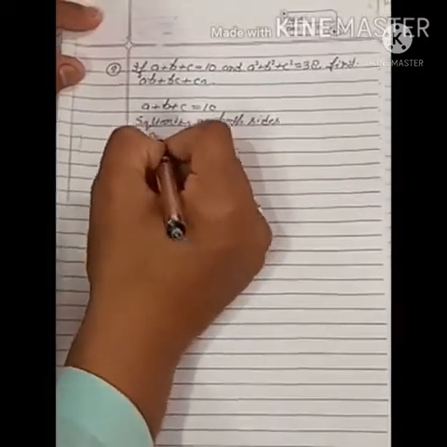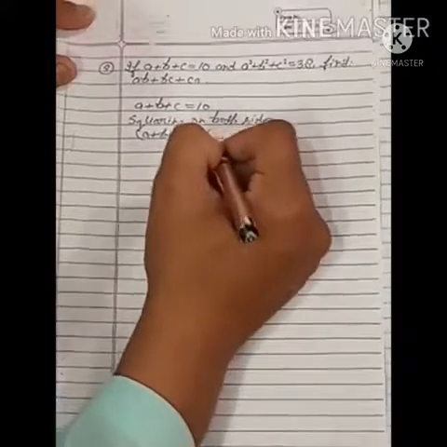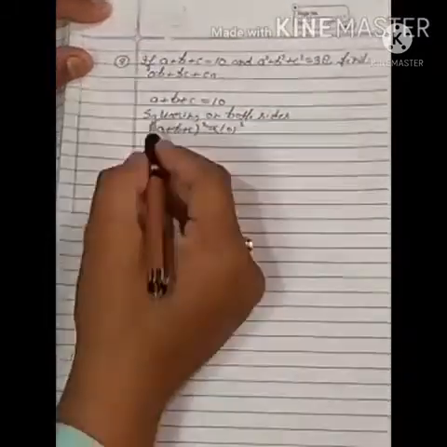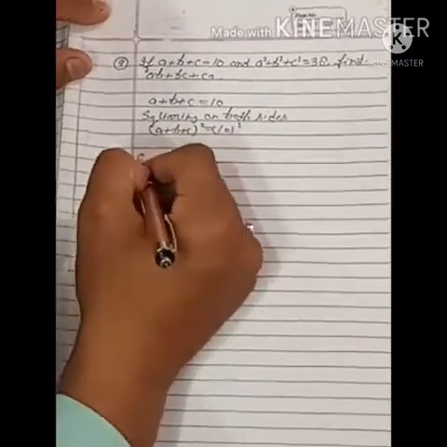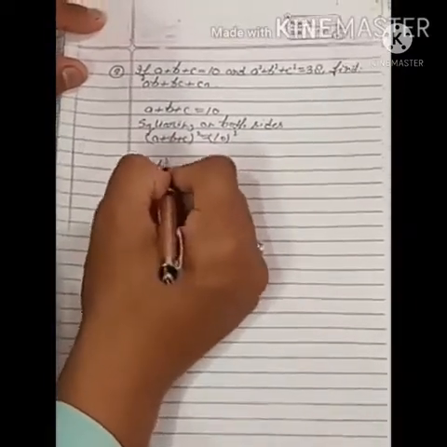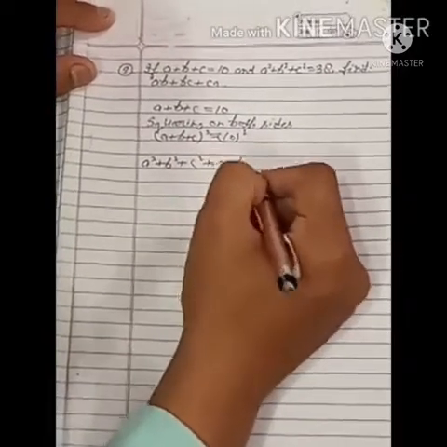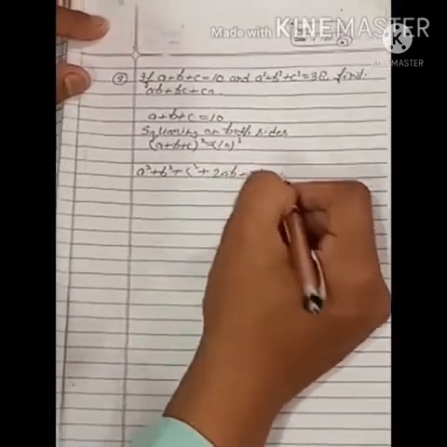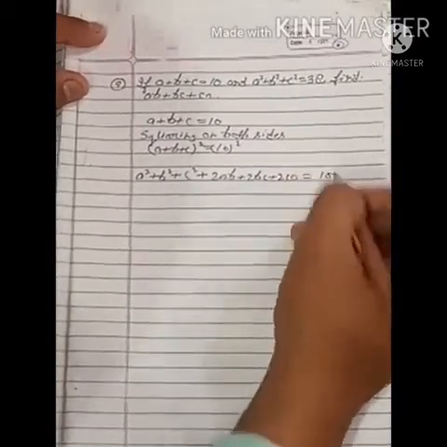So (a + b + c)² is equal to the square of 10. So we have the formula of this (a + b + c)², that we will write. So a² + b² + c² + 2ab + 2bc + 2ca is equal to the square of 10, 100.